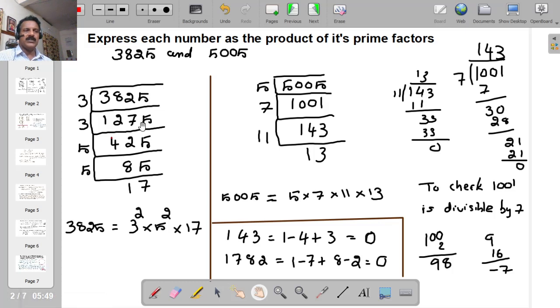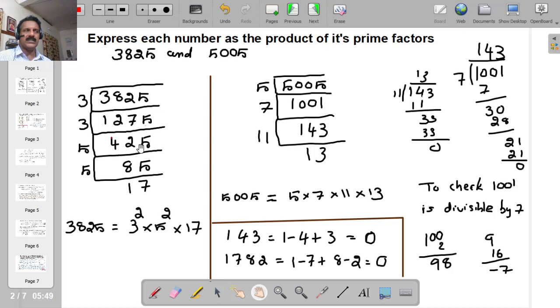See, now we have to check the divisibility of 1275 by the number 3. 1 plus 2 is 3, 3 plus 7 is 10, 10 plus 5 is 15. 15 is a number divisible by 3. So 1275 is divisible by 3. When we divide 1275 by 3, we got 425.